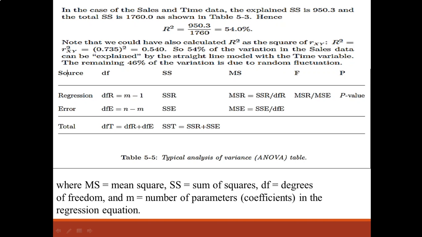In the first row is MSR, mean squared due to regression. MSE is mean squared error. Here it is equal to the second column over the first column. And finally we will find F, which is equal to MSR over MSE.